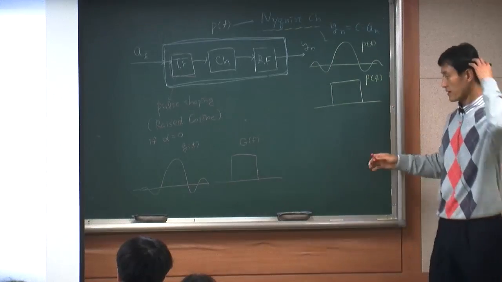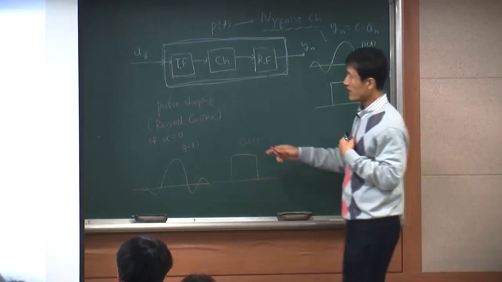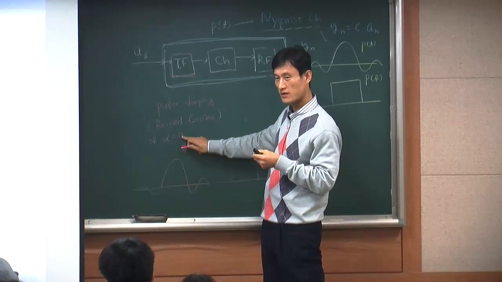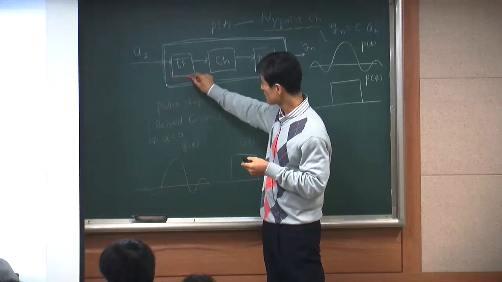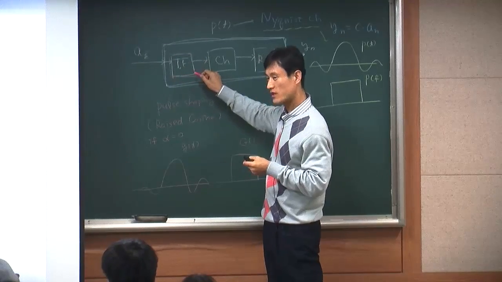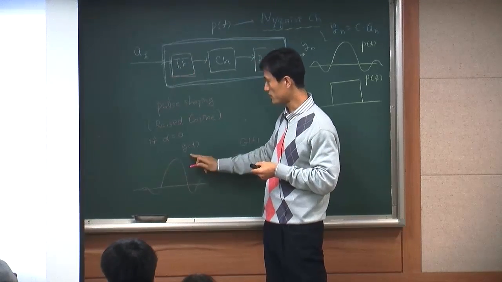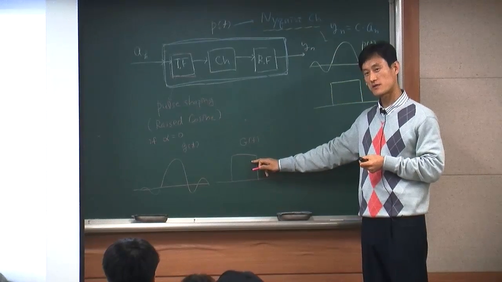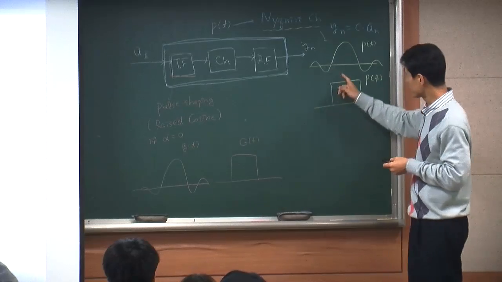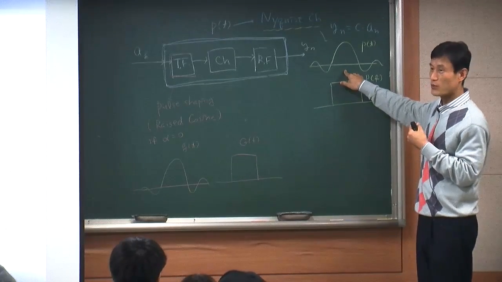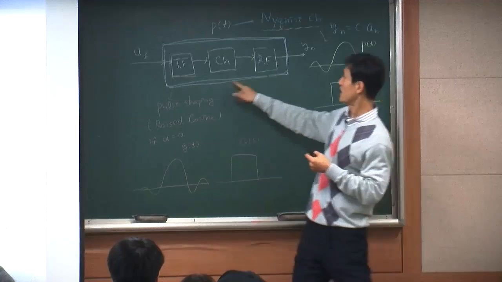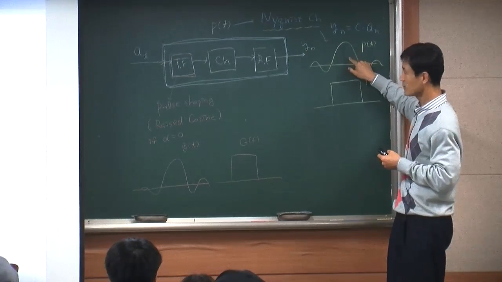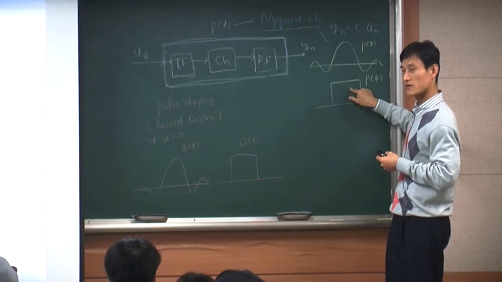Now, what you can compare is that if, when I design the pulse shaping filter, I pick alpha equal to 0, then only this block will give you a sinc function in the time domain response and a rectangular frequency response. Going back, eventually we want to design the whole thing to be a Nyquist channel. A Nyquist channel has a sinc in time and rectangular in frequency.